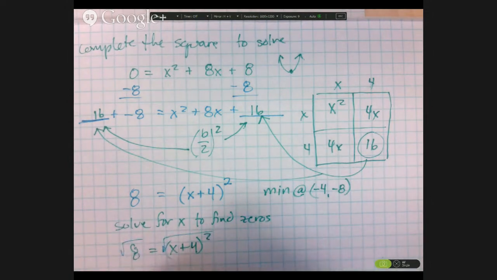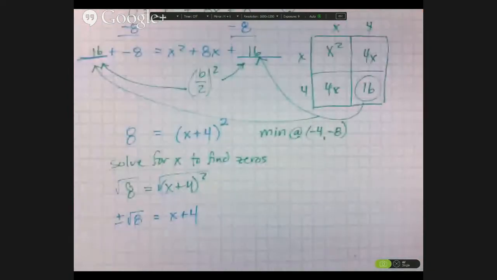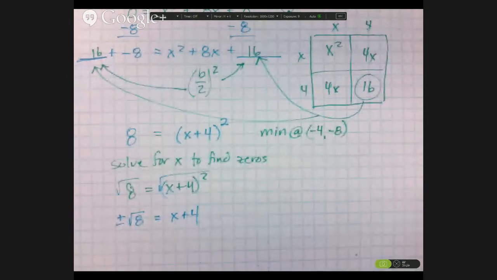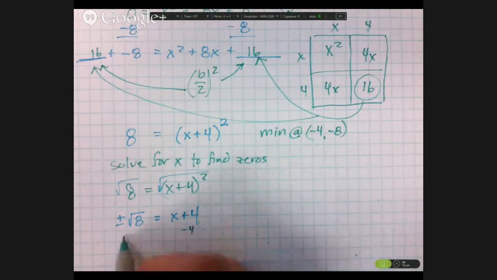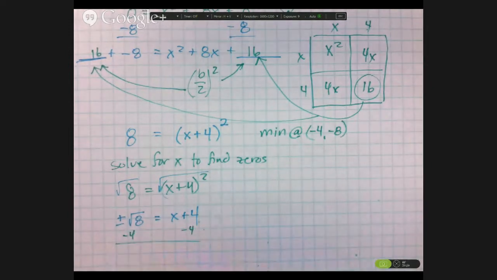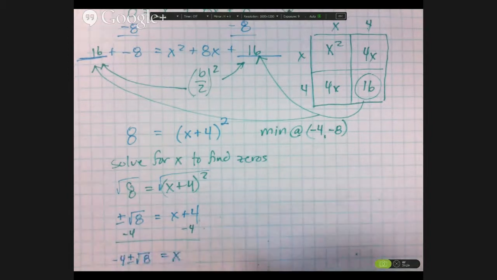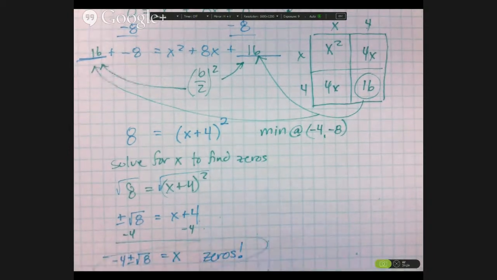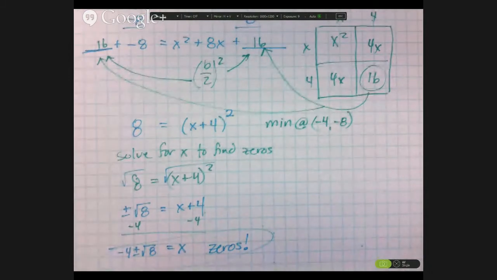Remember, it's positive or negative √8. And then subtract 4. So I get -4 plus or minus √8 equals x. Those are your zeros. You can decimal them if you want.